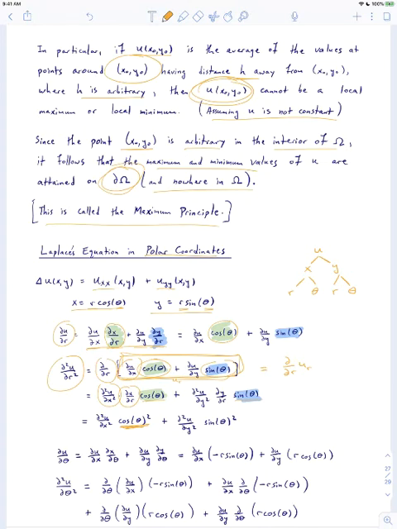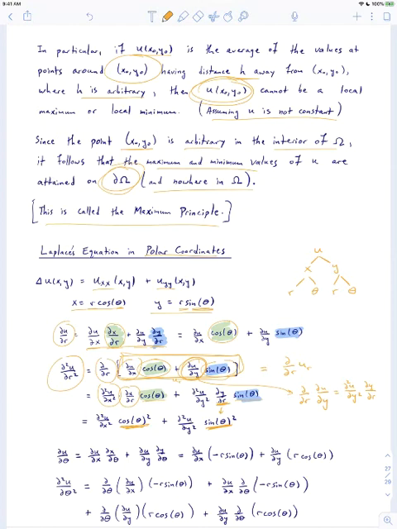Now the next thing is we want to compute the derivative with respect to r of du dy. That's this one right here. So that's going to be the derivative of u dy with respect to y, times dy dr. But the derivative of y with respect to r is again sine of theta. So you're going to end up with another sine of theta here. So this term is that term right there.